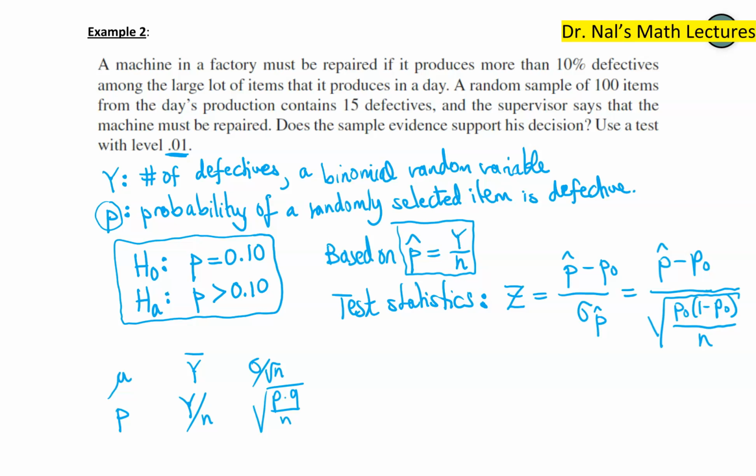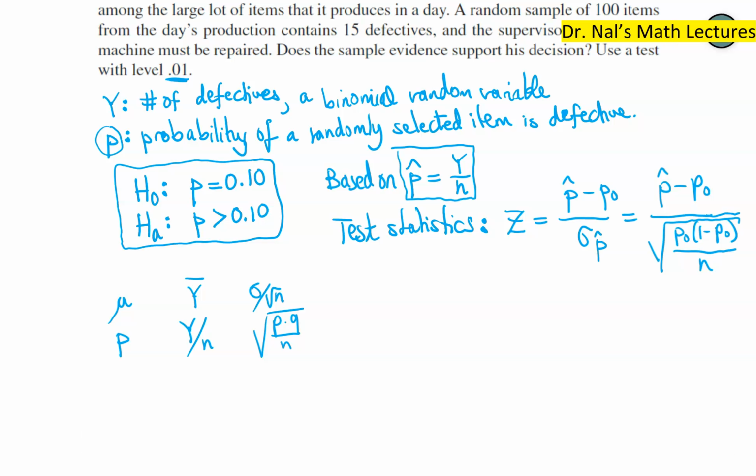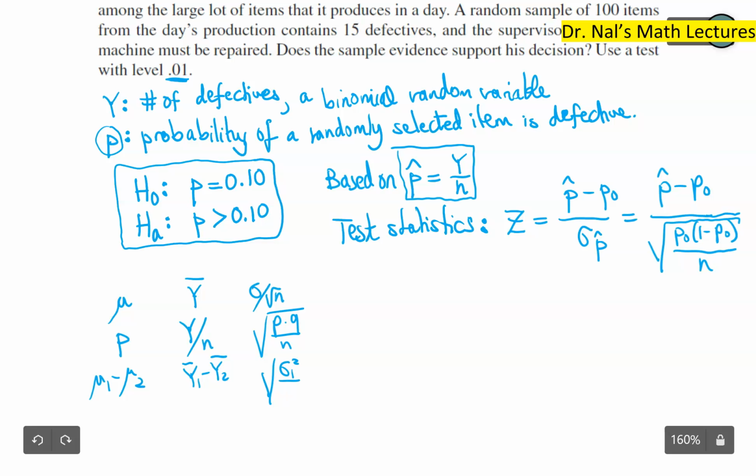Let me just remind you quickly, if you are looking at the difference between two means, mu1 minus mu2, the estimator will be y1 bar minus y2 bar, and the standard error is the square root of sigma 1 squared over n1 plus sigma 2 squared over n2.